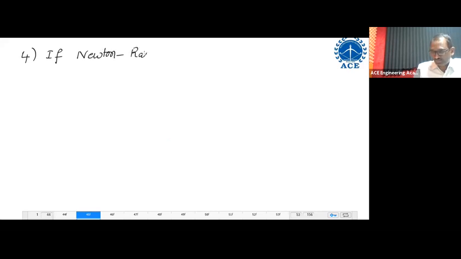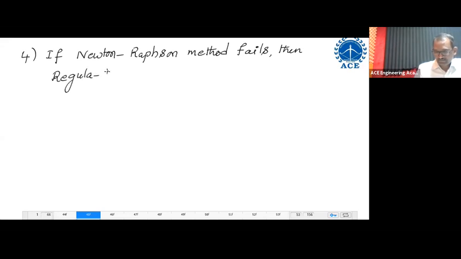If Newton-Raphson method fails, then the regular falsi method should be used.